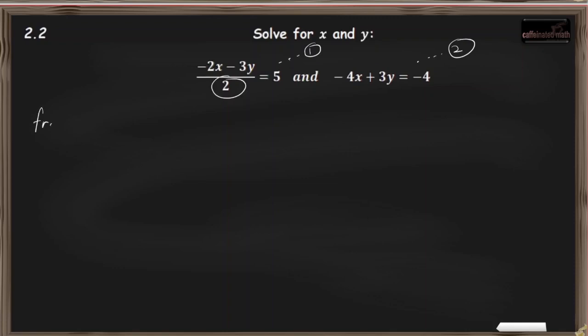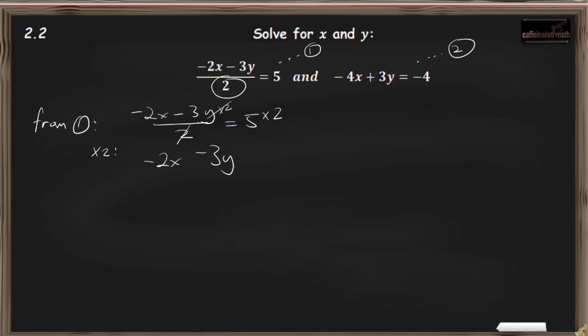So from equation 1, we'll just have minus 2x minus 3y divided by 2 equal to 5, and then we'll multiply both sides by 2. So that gets rid of this denominator. If we multiply by 2, what we do on the left, we shall do on the right. That is the law. So we are left with minus 2x minus 3y equal to 10. So that gives us equation 3, because it's now been slightly adapted.